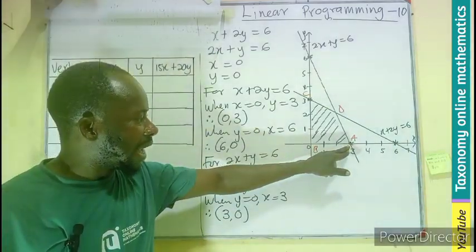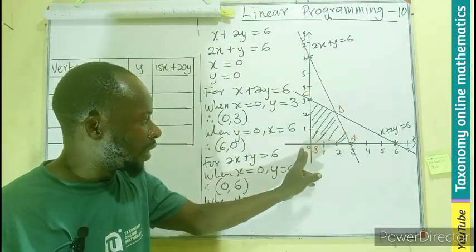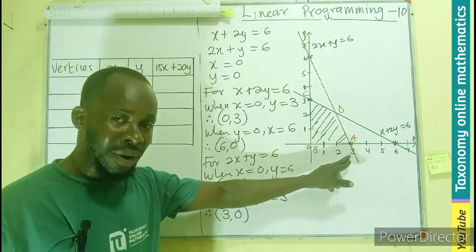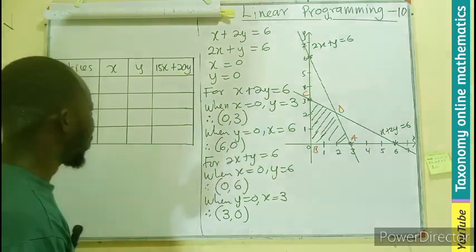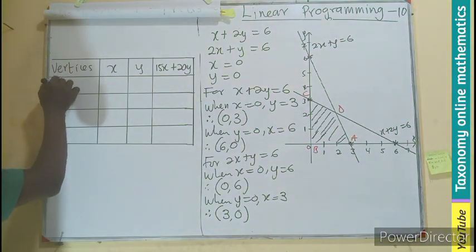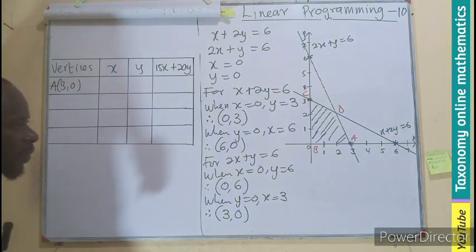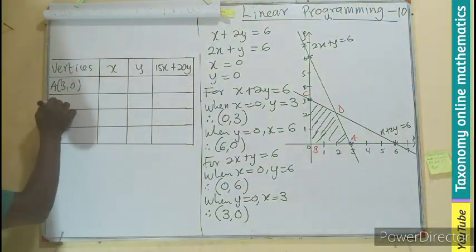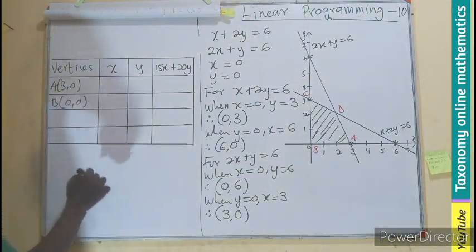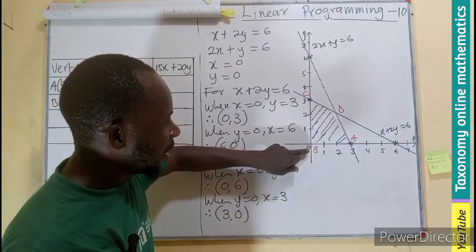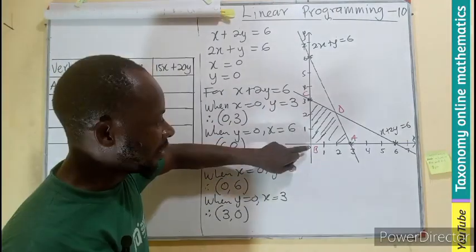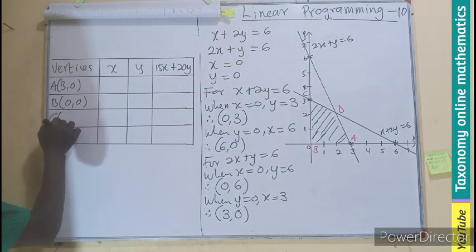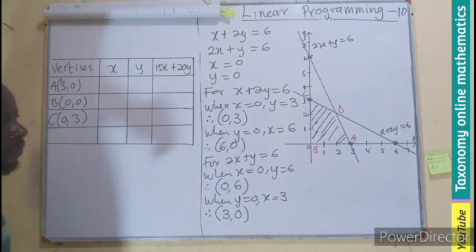So locating the point at vertex A, we know 0 on the y-axis, 3 on the x. So 3, 0. Meaning I'll be having A to be 3, 0. The B is the origin, so 0, 0. Where is the C? 0 on the x-axis, 3 on the y for C. So 0, 3.